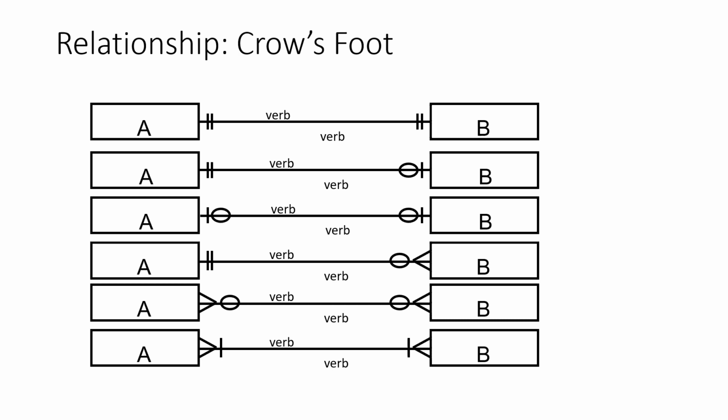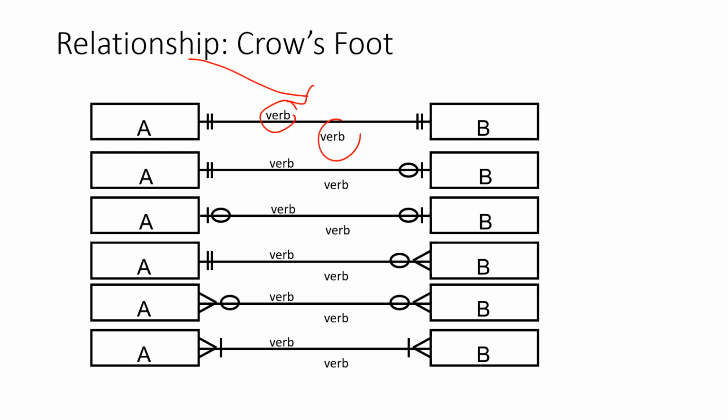This is another representation of relationship using the crow's foot. So you can see from here it must be a verb. The relationship must be presented as a verb, and the entity is usually written as a noun.